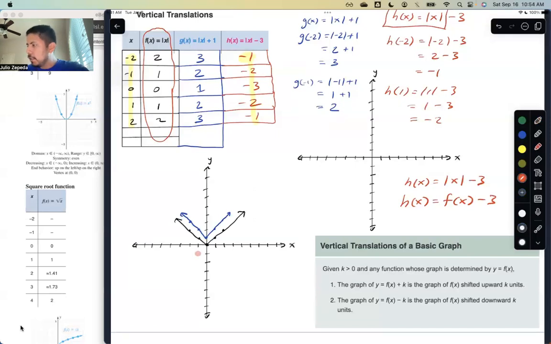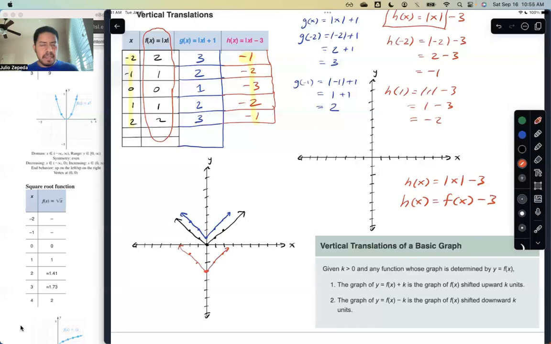Oh, that's a highlighter. -2, oops, -1. -1, -2. 0, -3. 1, -2. And 2, -1. So if we graph that, it looks something like this.